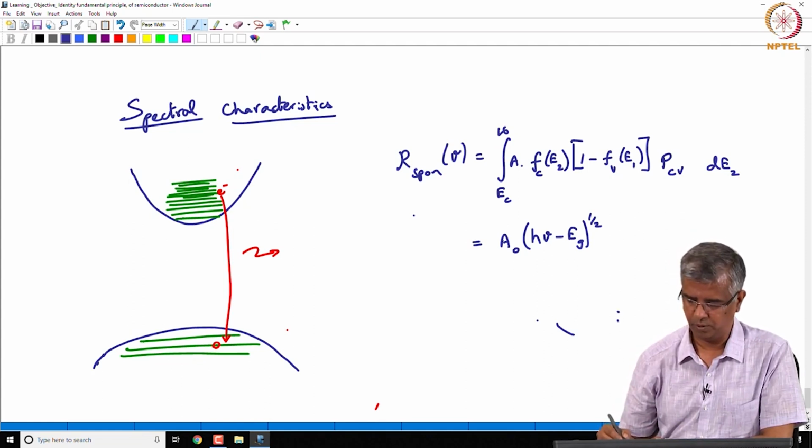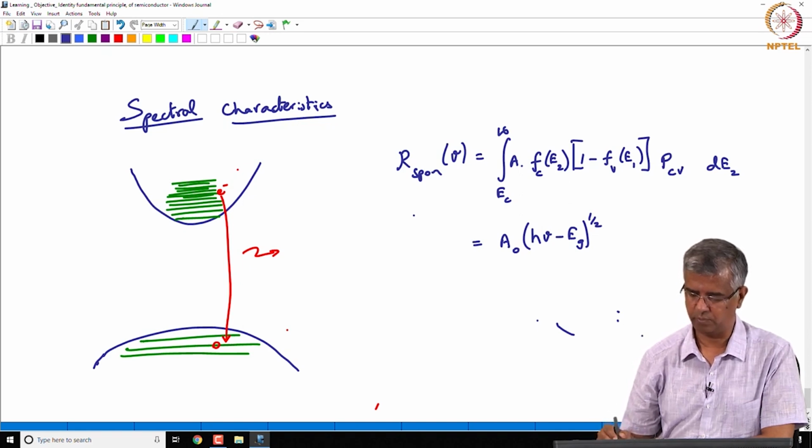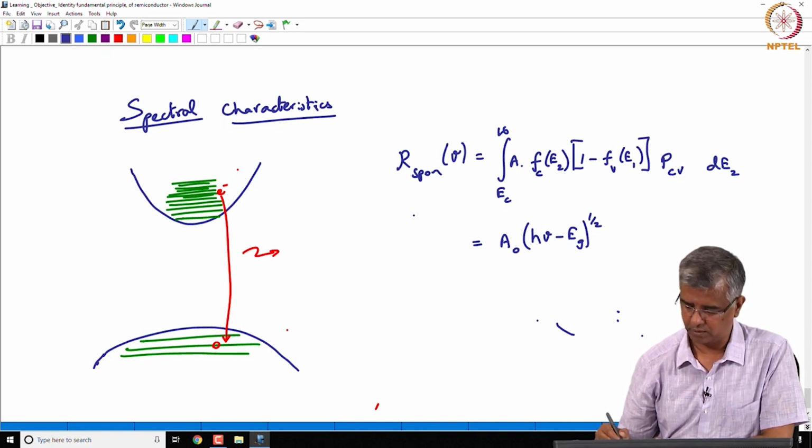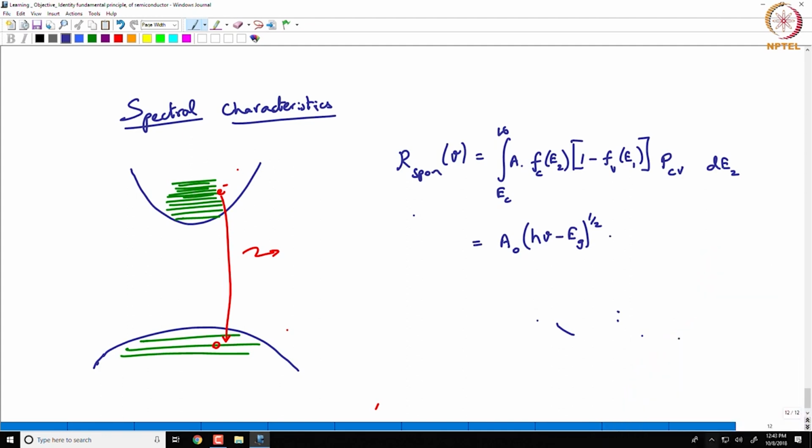And then the Fermi probability, when you look at both of these, electron and hole, that will work out to be exponential of minus (h nu minus E g) divided by k_B T. So, both of these essentially say that the spontaneous emission is going to be dependent on this factor of h nu minus E g, right.